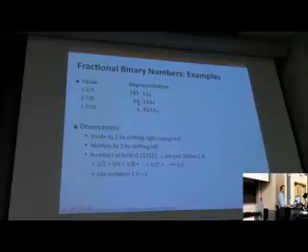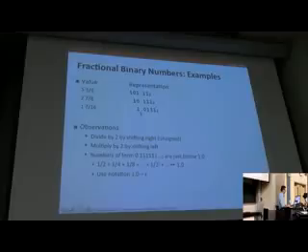Okay, so that's pretty simple. 2 7/8 is 10.111. So that 10 is 2, of course. And then 0.111 is 1/2 plus 1/4 plus 1/8, so 4/8 plus 2/8 plus 1/8. Okay, so 7/8.